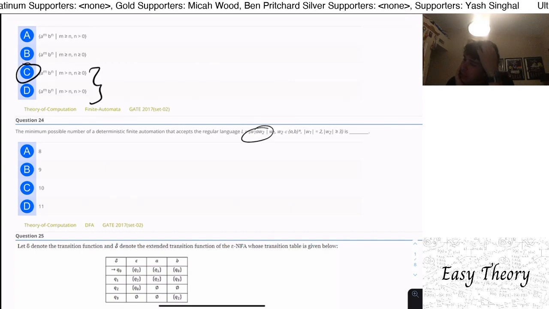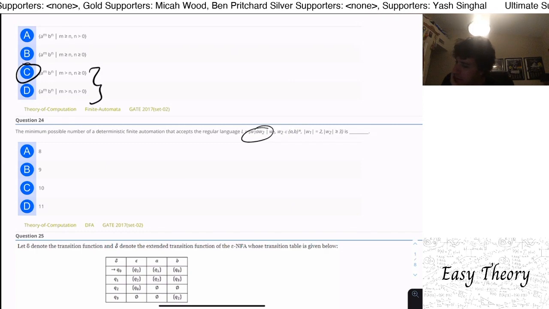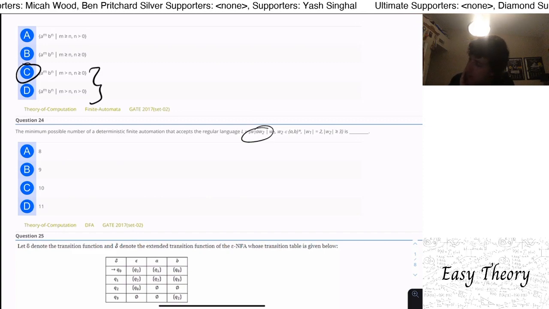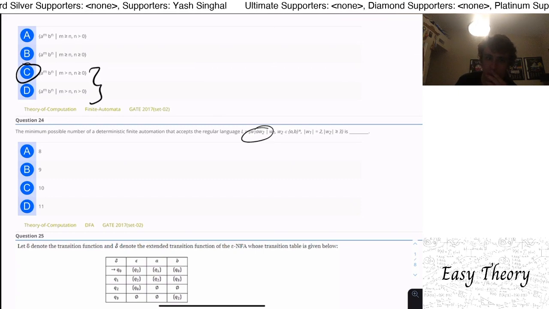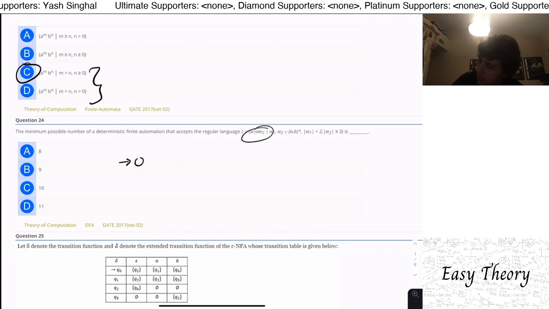So that means the number of states is at least 6 for this to even work. Okay, let's think about this. Okay, yeah, because it's a DFA. Okay, so I see what to do.